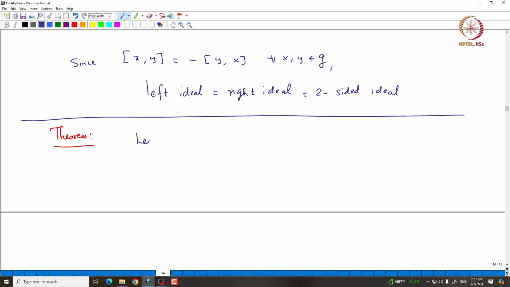So, let us say G and G dash both be given Lie algebras. And let us say we have a Lie algebra homomorphism pi from G to G dash.